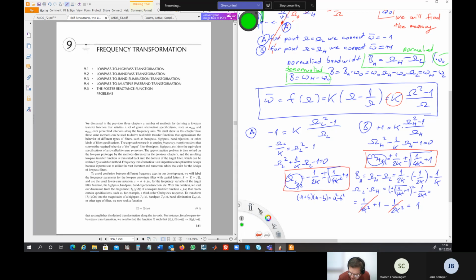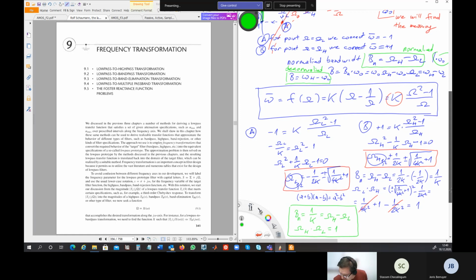So we have another two very important equations. One is Bn is equal to 1 over k, and another one is omega h minus omega L, and omega h times omega L is equal to 1. So this is what we have derived so far. Now we can continue.